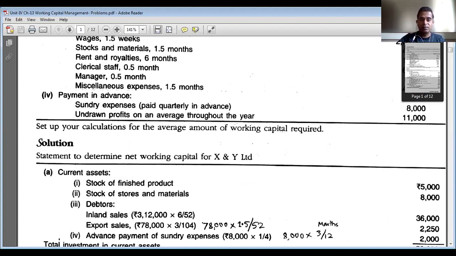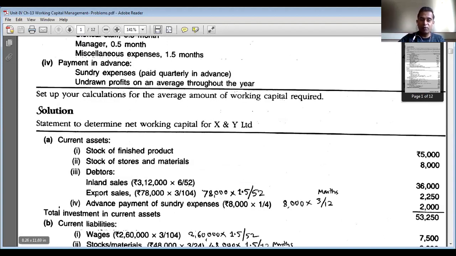For customers outside the country, 78,000 multiplied by 1.5 weeks divided by 52 weeks. So the working capital required to finance customers in other countries is 2,250.